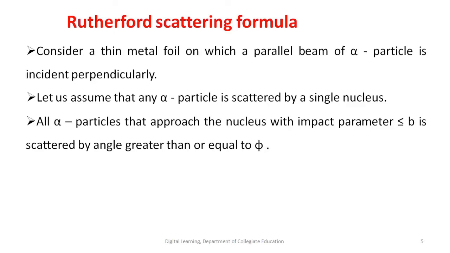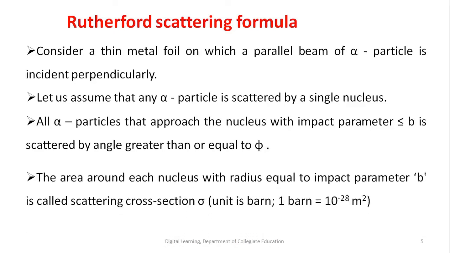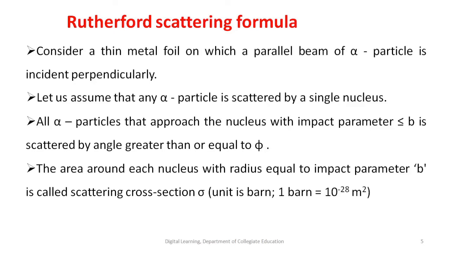The impact parameter b is the perpendicular distance from the nucleus to the direction of the alpha particle. The area around each nucleus with radius equal to the impact parameter is called the scattering cross section.